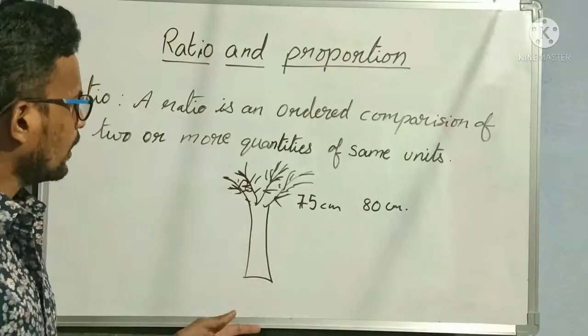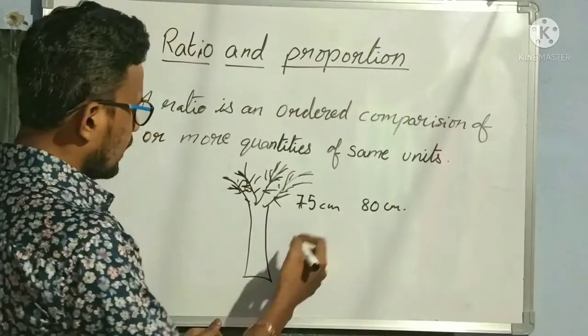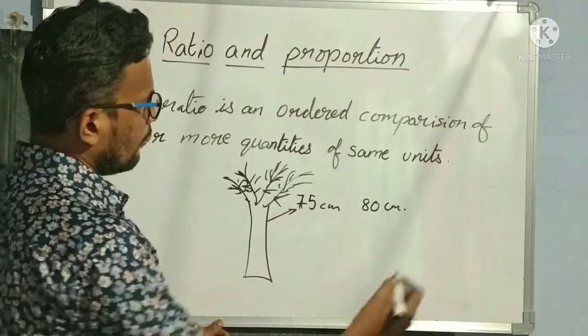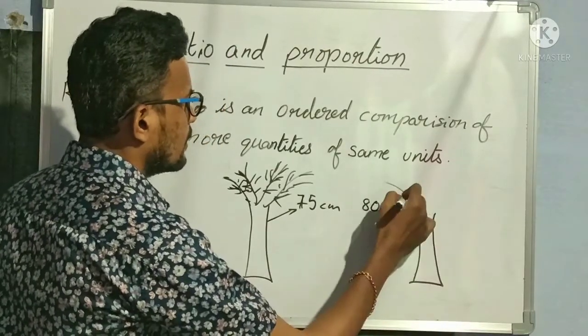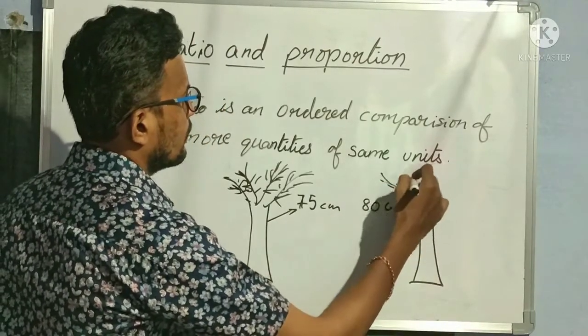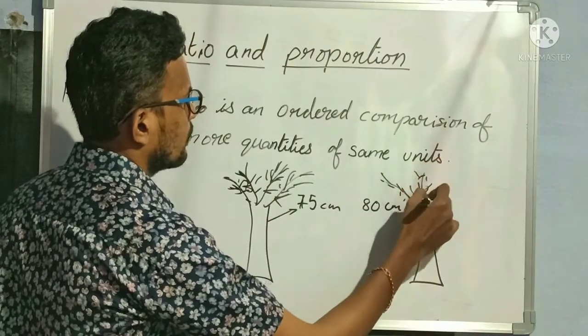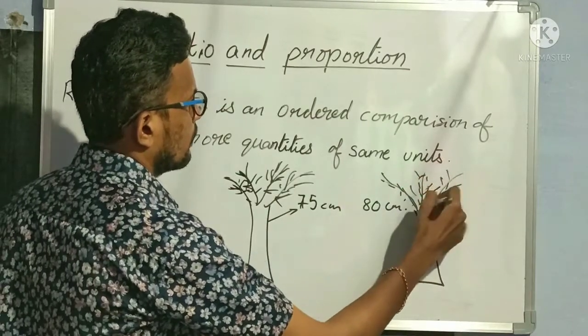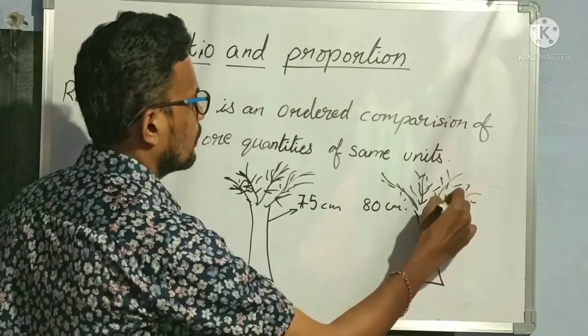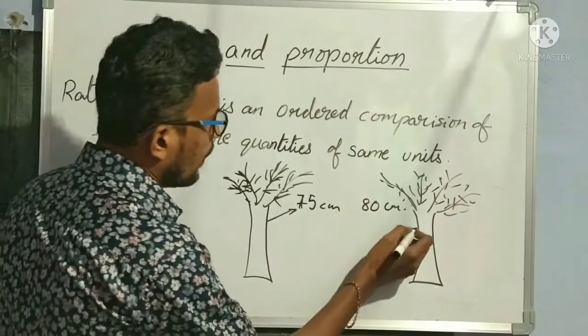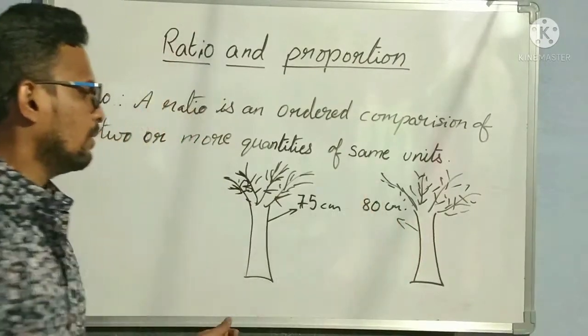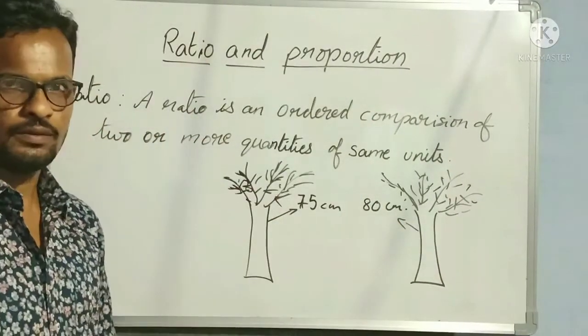This is a coconut tree. Like this, two trees are there. This one is 75 centimeters, and one more tree is there. This is 80 centimeters. I want to compare the height of these two trees.